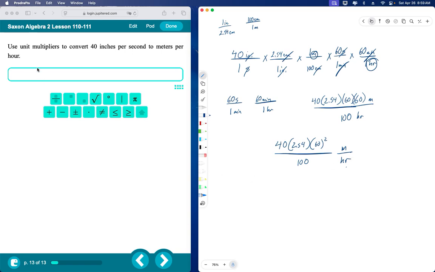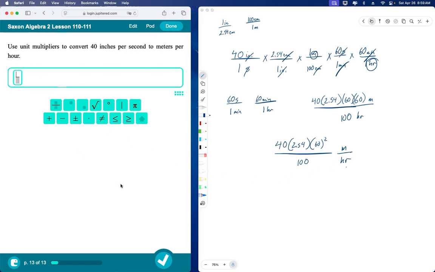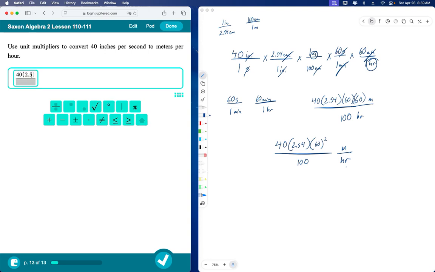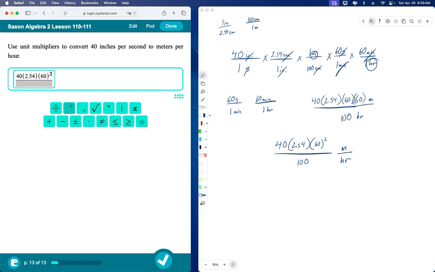We're going to find out. Let's put it in here and see which one is right. 40 times 2.54 times 60 squared. I know what's squared. And let's see what that is. 100.